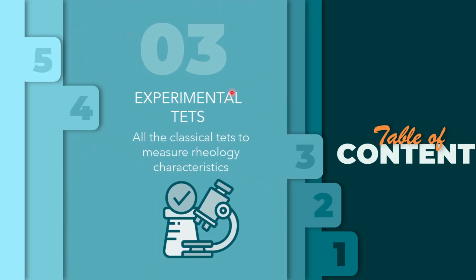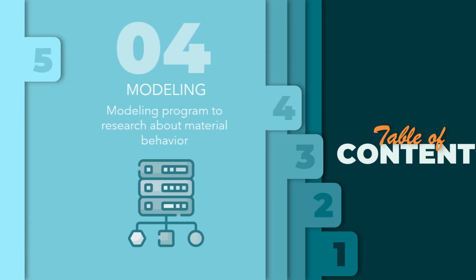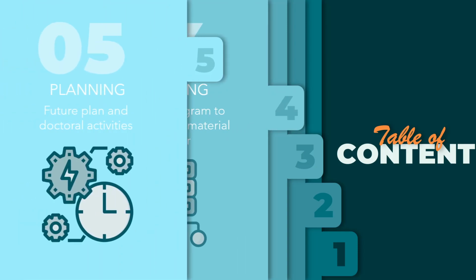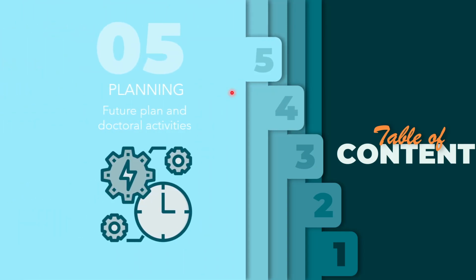Third is about experimental tests. I will explain the classical tests that I do in my study. The fourth part is about modeling, and the last one is my planning, the planning for the next year of the doctoral student. That's all.